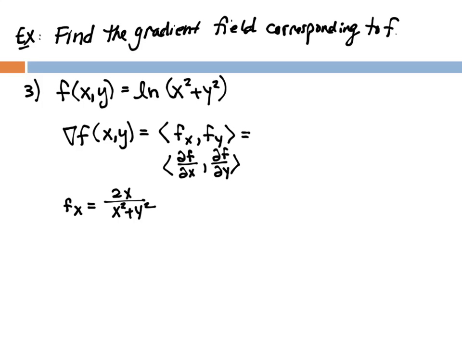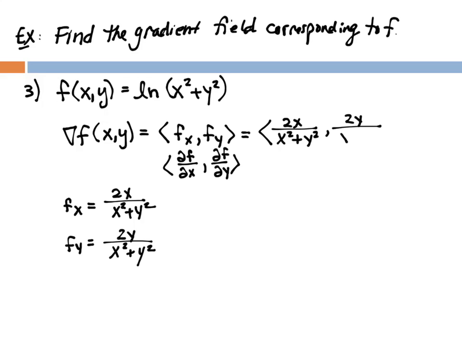Why is there 2x in the numerator? Derivative, chain rule, derivative of the inside. Good. And then f sub y would be, well, almost the same thing, right? 2y over x squared plus y squared. You can do this separately like I did, or you could just put it in straight away from here. Obviously, if you had more simplifying or cleaning up to do, you might want to wait to put it in until you've done that. This one doesn't require any, so it's not a big deal.